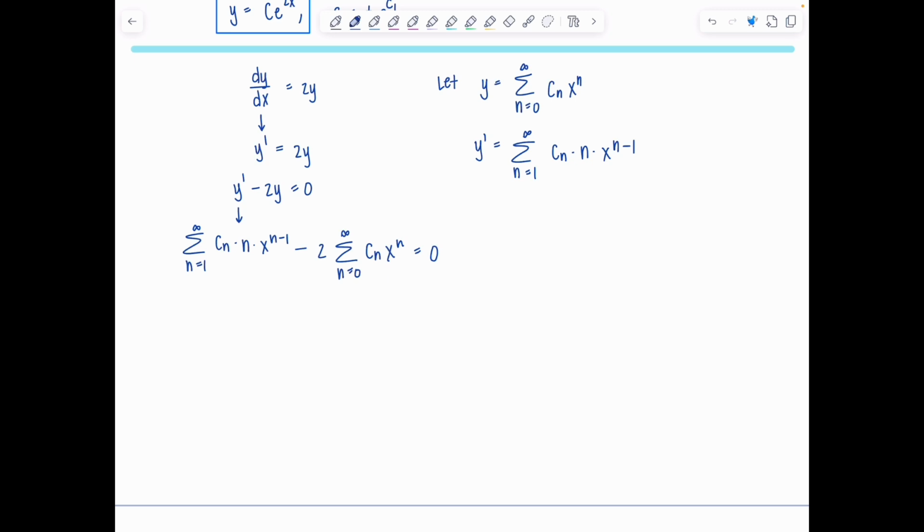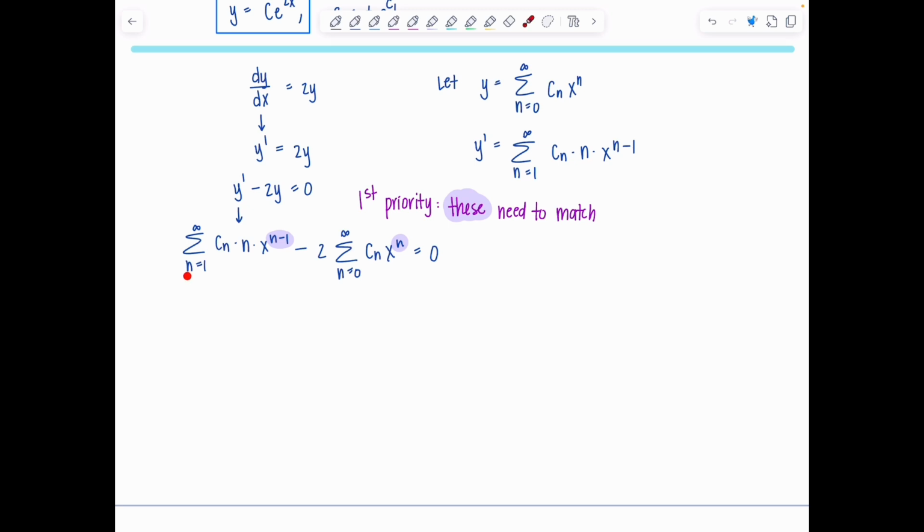Okay, how to proceed from here. First priority, the powers on x need to match, meaning the powers on x right here, they need to be the same. Okay, what's the easiest thing to do to make that happen?